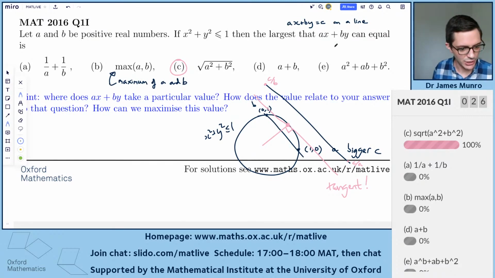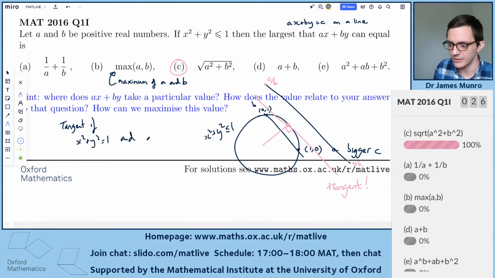How does the repeated root algebra thing work? It's a good question. So finding a point of tangency. Tangent would be if x squared plus y squared equals 1 and ax plus by equals c has a repeated root.